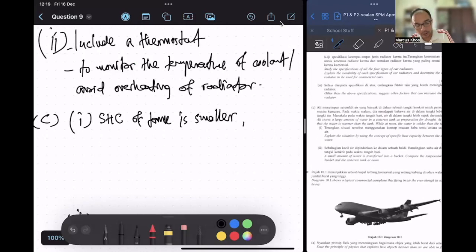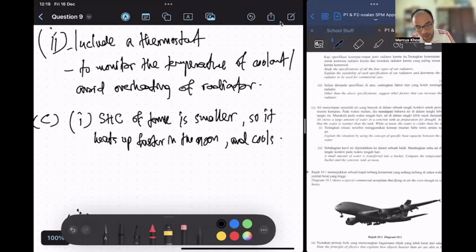So it heats up, let's not use the word easily, it heats up faster at noon and cools down faster at night.